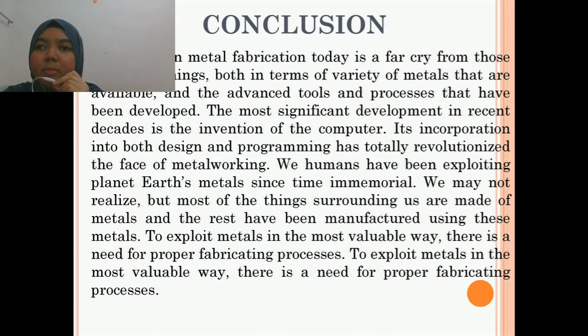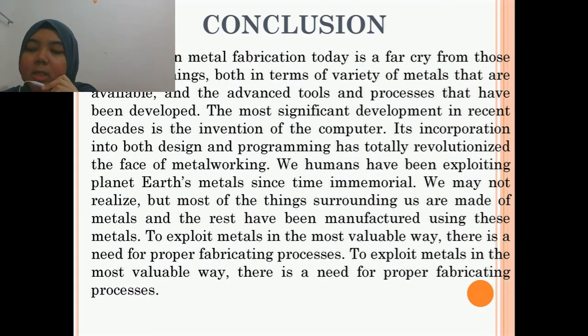Okay, last but not least is conclusion. In conclusion, metal fabrication today is far from those early beginnings, both in terms of the variety of metals that are available and the advanced tools and processes that have been developed.